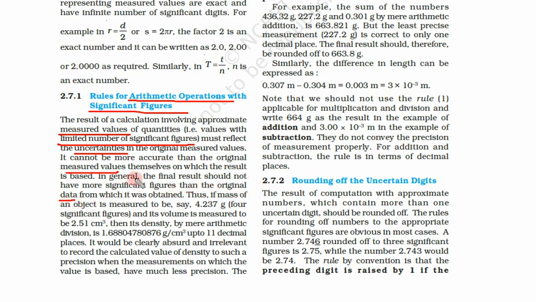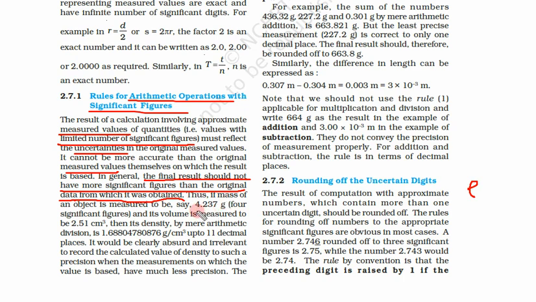This is very important. The final result should not have more significant digits than the original data from which it was calculated or obtained. If we do a calculation and the final result has more significant digits than the original data, then it is not correct. Let us understand with this example. Suppose we are measuring the density of an object.